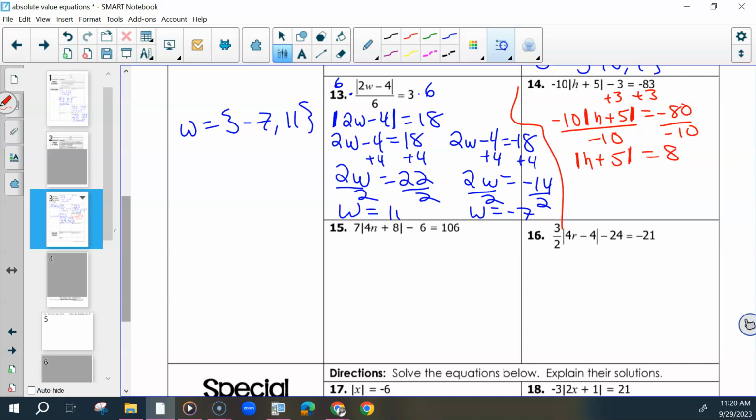Then we can drop the absolute value, set this equal to positive 8 and negative 8, and solve for each. So we would get 3 and negative 13, or in our solution set, negative 13 and 3.